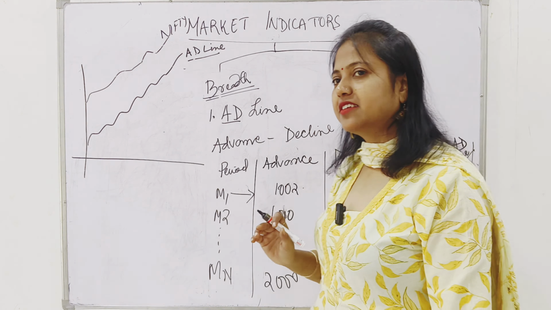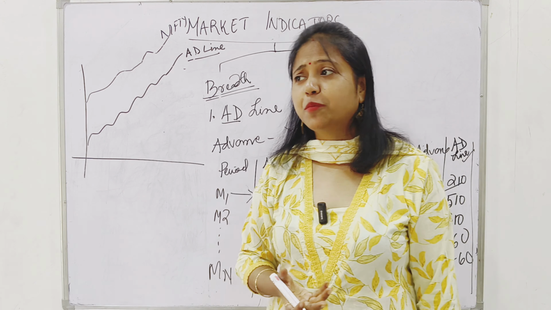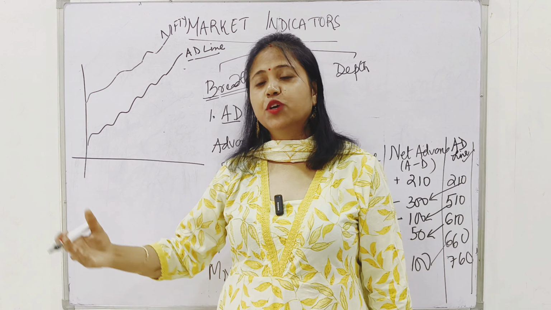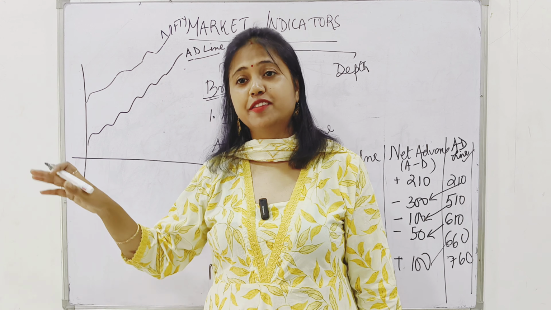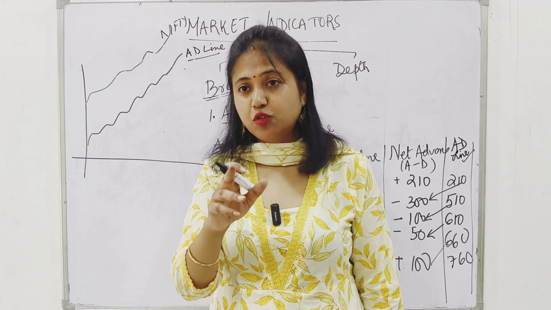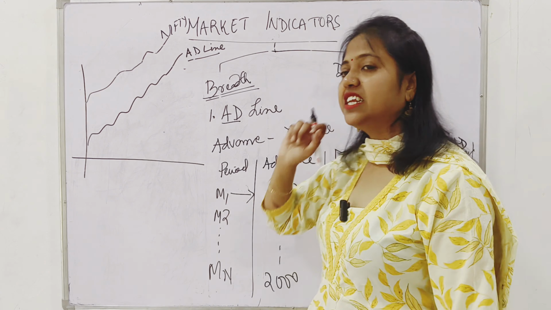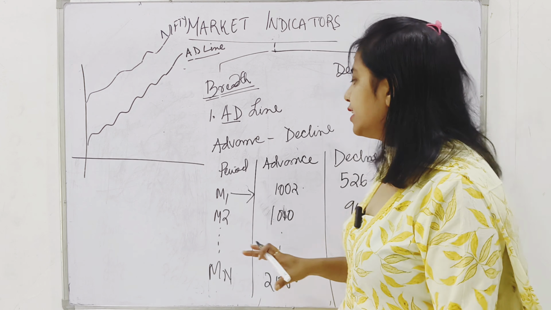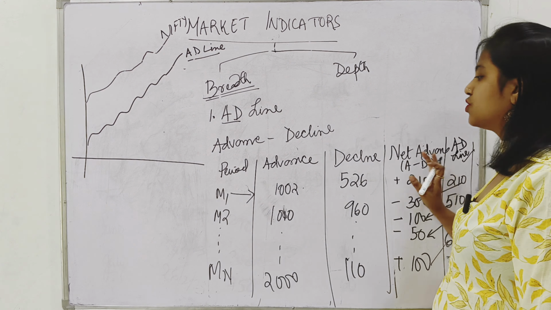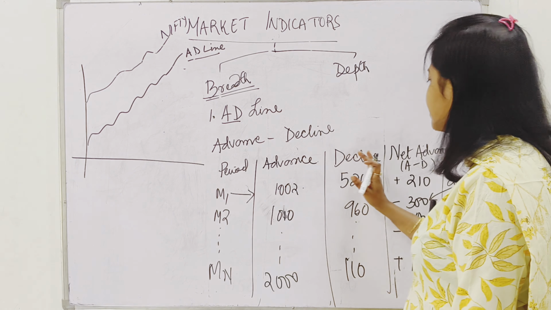What are market indicators? Market indicators talk about how the market is going to move in the future, what kind of move the market is going to exhibit. This is possible only when you make use of certain indicators. The first indicator is the advance decline line, calculated by taking the net advance, the difference between advance and decline.